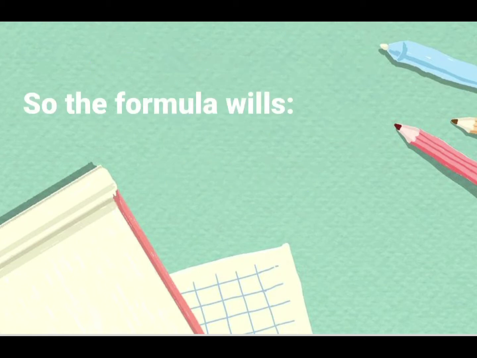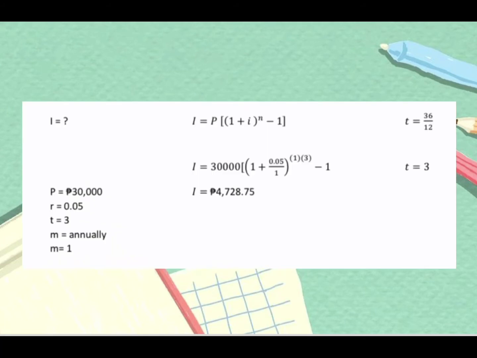So, the formula we use is I equals P times (1 plus i) raised to n, minus 1. So, substitute natin yung given sa formula. I equals 30,000 times, open parenthesis, 1 plus 0.05 divided by 1, close parenthesis, raised to 1 times 3, minus 1.